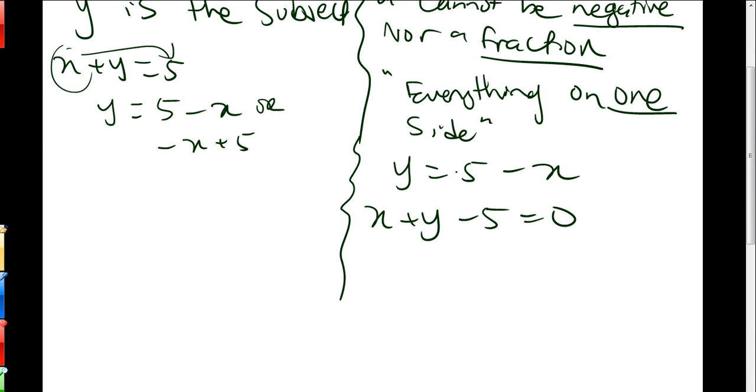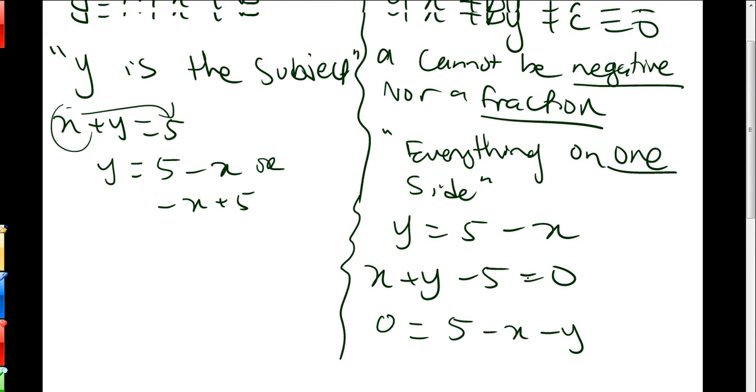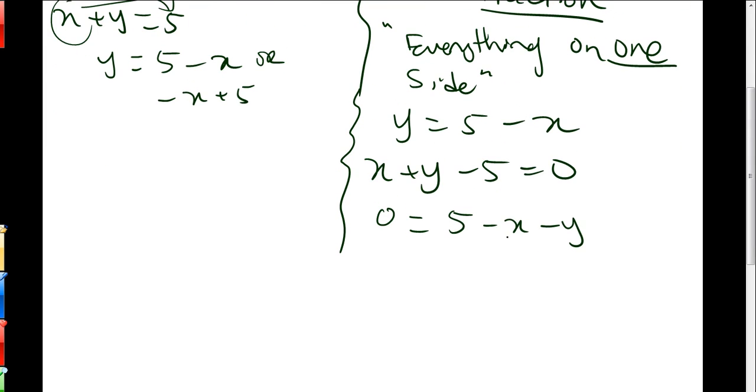For example, imagine I did take it the other way. I'll show you it now. So it's going to be 0 is equal to 5 minus x minus y. Again, we usually like to write x up front, then the y, and then the constant. That's just convention. So rearrange it, you'll get something like this. That's fine.